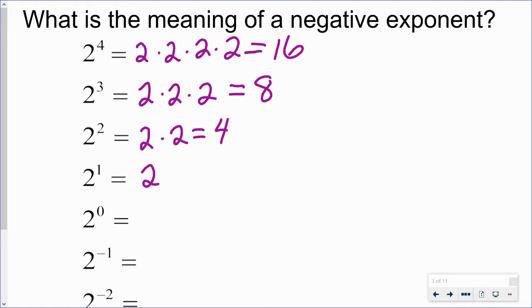Anything to the power of 0 is almost too tricky, but anything at all, a number or variables, gives you 1. Now, do you see it's going 16, 8, 4, 2, 1? Do you see the pattern? Do you see what's happening? And you might want to even check this in your calculator.